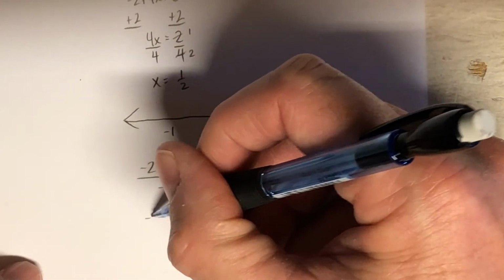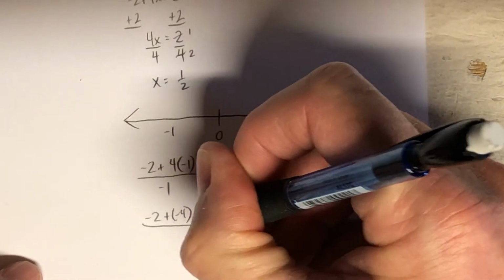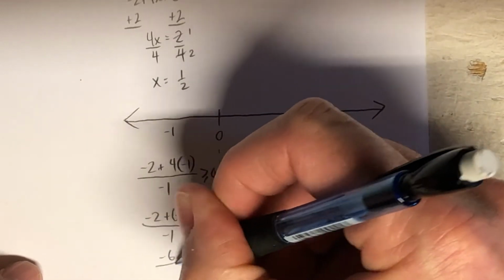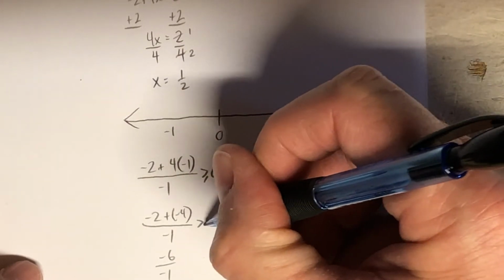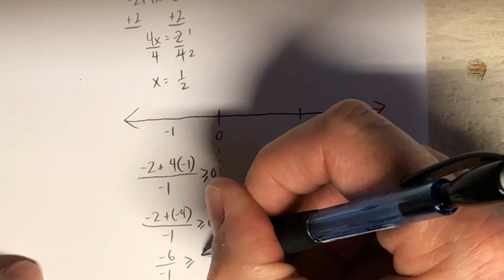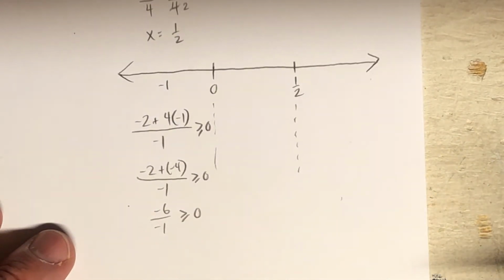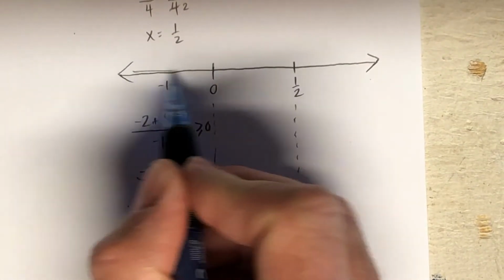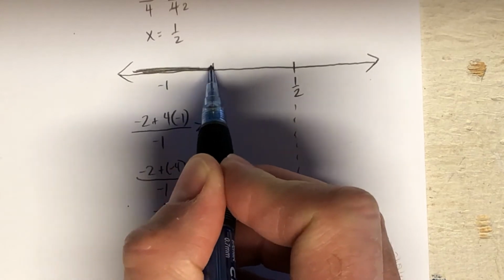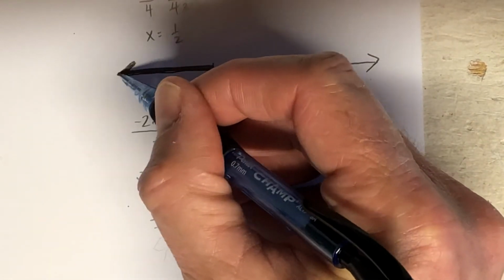Multiplication comes before addition. So we end up getting -6 over -1, which of course is equal to 6. And we know that 6 is greater than or equal to 0. It's greater than 0. Okay. So that means that this entire interval, all the numbers in this interval are going to make the statement true when it said greater than or equal to 0.